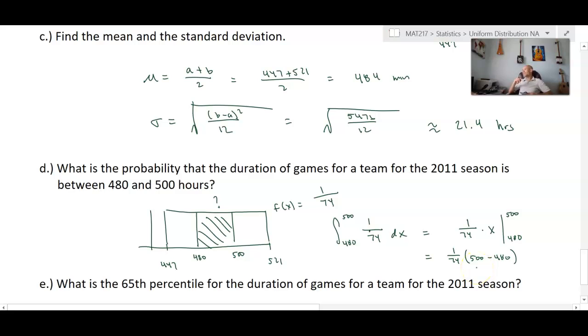So you almost don't even need to really do calculus. You just need to know how far apart those 2 points are, which is 20 units apart, and that represents an interval that is 20 units wide divided by an interval that is 74 units wide, and that comprises about 27% of the entire area.